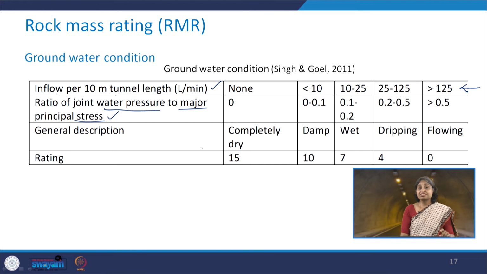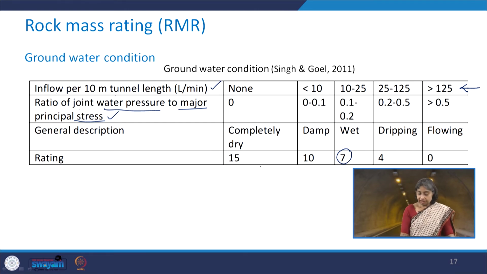So, this is there when you have the information about the water pressure, but in case these are not available and you have only the general description, let us say that the groundwater condition falls under the category of wet, then what is the rating that you will assign? It will be 7.